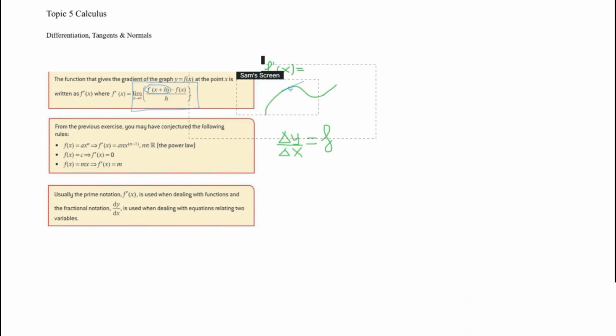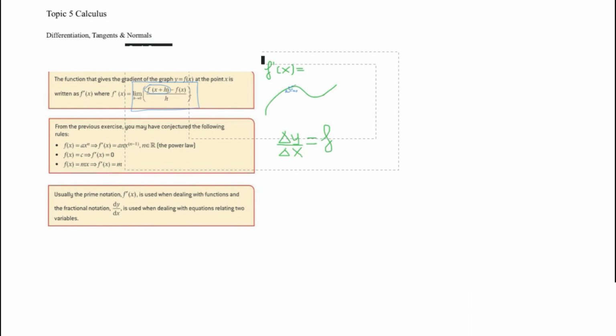Let's say I delete this here, and I take some point here. I'm looking for this slope. If the limit of this h approaches 0, then this slope is going to be a better and better representation of that. The smaller it gets, the better.